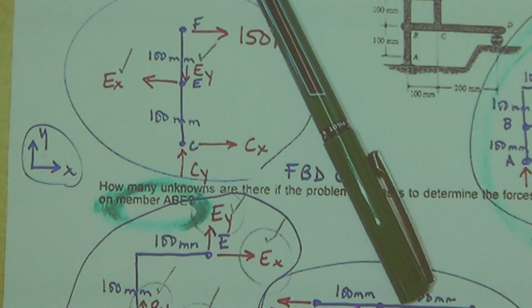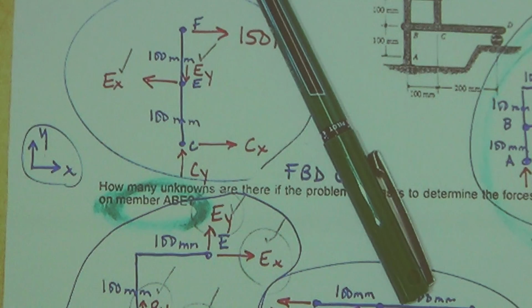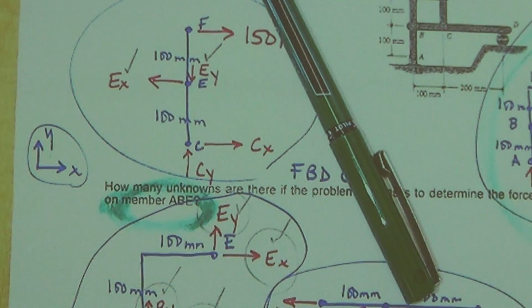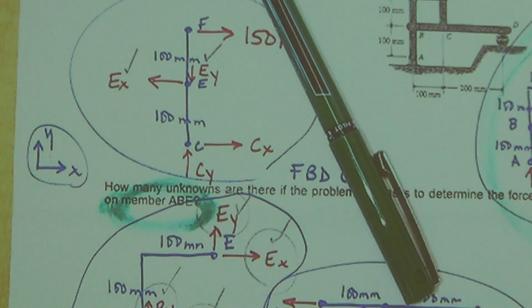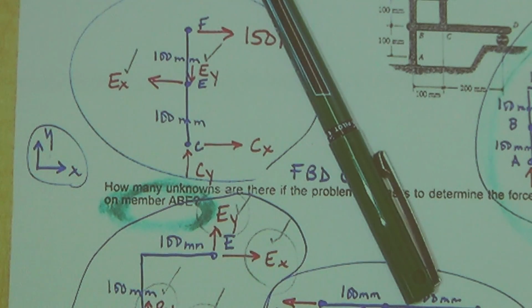They're pins, and the pins are experiencing a force, right? But I could only analyze them when they're separated. When they're together, the force is internal to the system, and one force is going this way and one's going that way, and they cancel each other out. But when I separate them, they become external forces, and then I could find them.